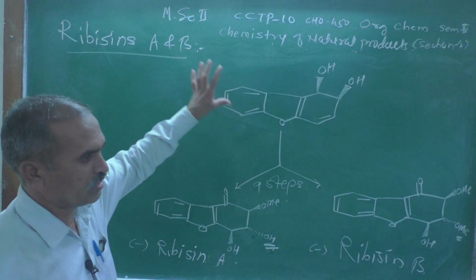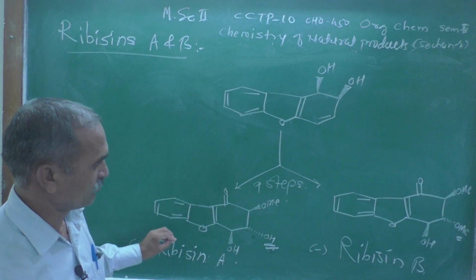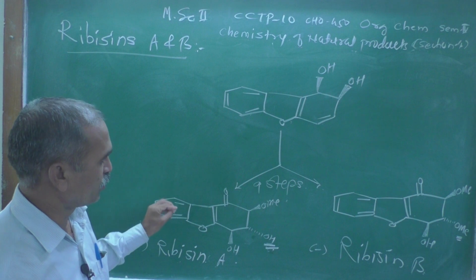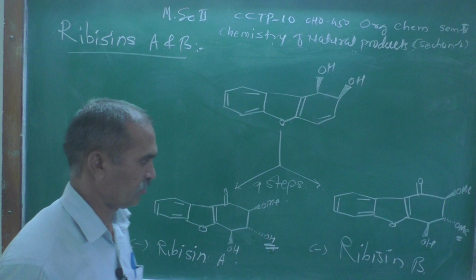But while studying this molecule, at the beginning, if you observe the structure, this is the starting material, or what we can call a precursor. From this precursor, we are going to get the final products.